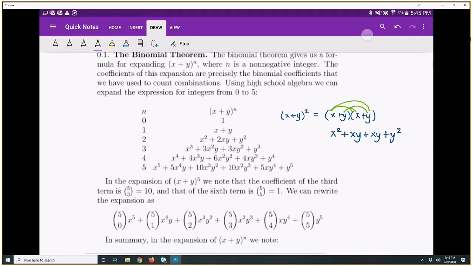So if we take a look, for example, at this expansion for x plus y, everything to the power 5, you might notice that the coefficient of the third term is 10. That's equal to 5 choose 3.